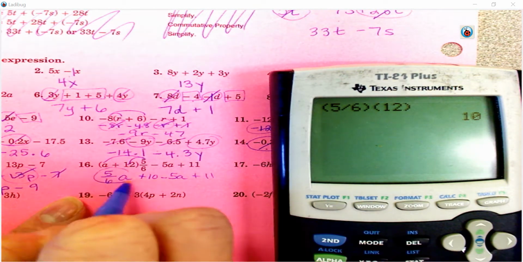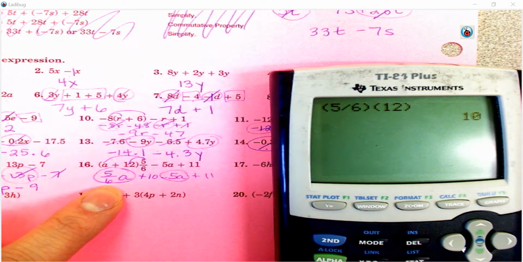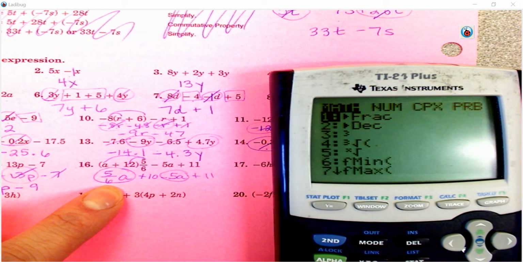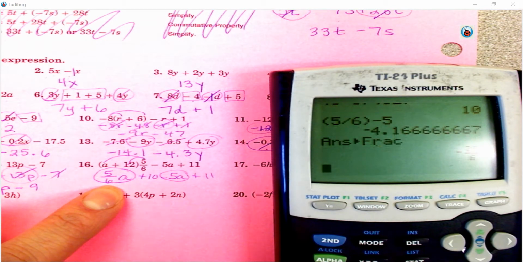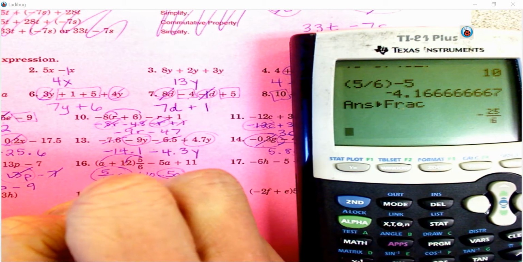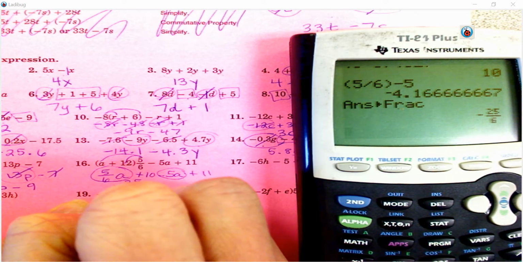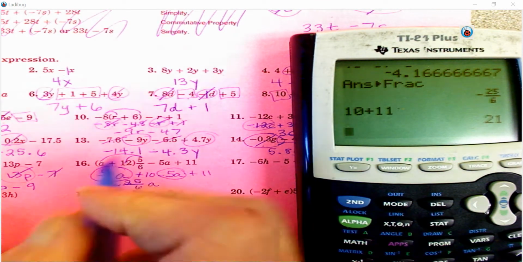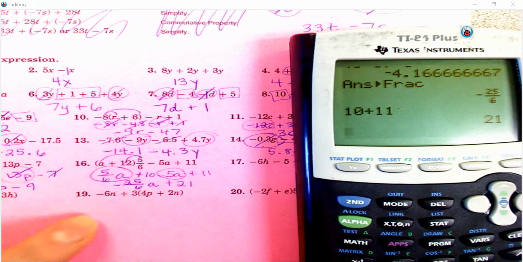So I have 5/6a minus 5a. So 5 over 6 minus 5. I hit math and choose fraction, and I get negative 25 over 6. That's negative 25 over 6a, and then I have 10 plus 11, which is 21, so I'll put plus 21.